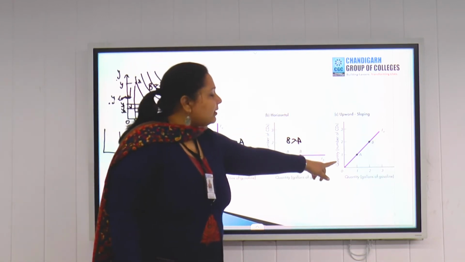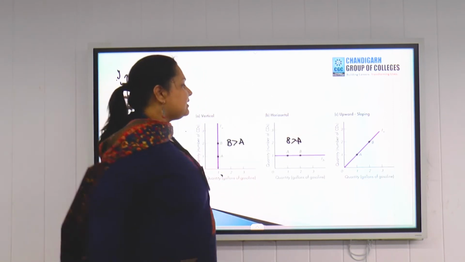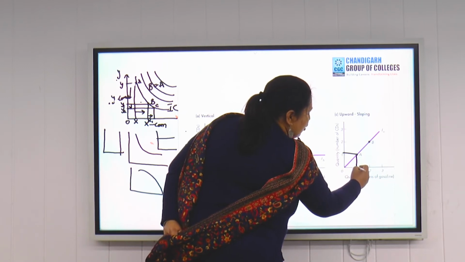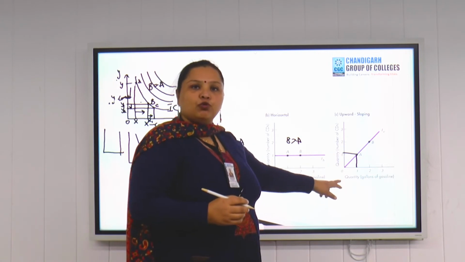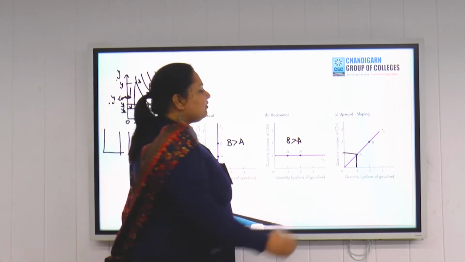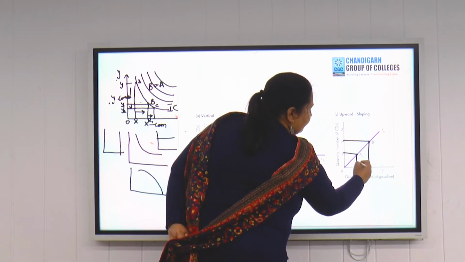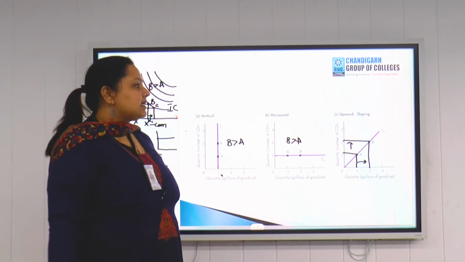Now what's the problem in this curve? Here both the commodities are increasing. Like at point A, this is the combination. Okay, we are consuming 1 unit of both the commodities, and again we have increased 1 and 1 unit of both the commodities, CDs and gasoline.